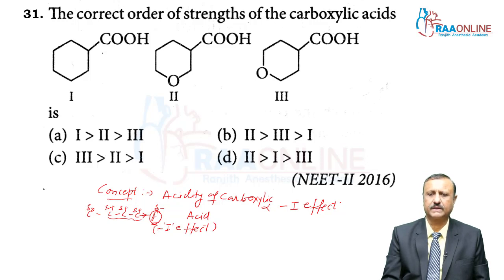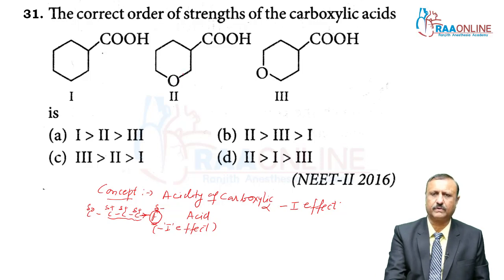Due to this minus I effect, my dear students, the minus I effect is proportional to the acidity of carboxylic acid. Now here in question number 31, this oxygen atom attracts the electrons. Why? Because the electronegativity of oxygen is 3.5.